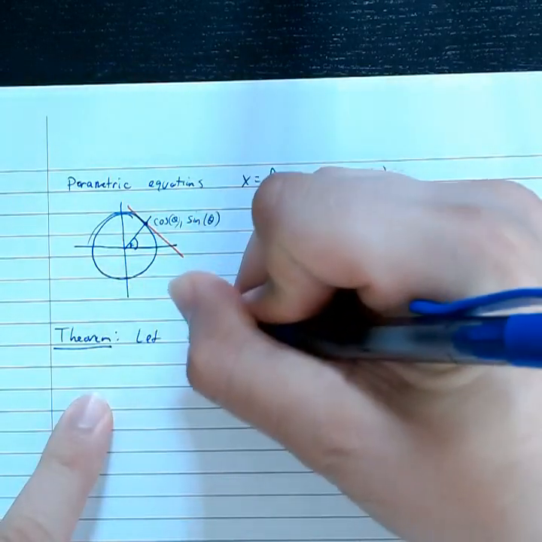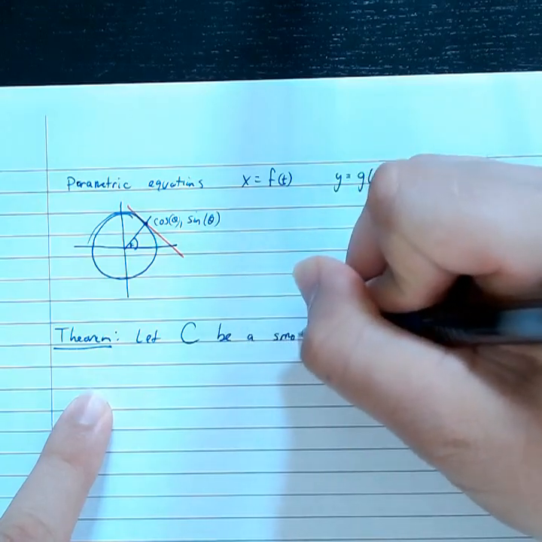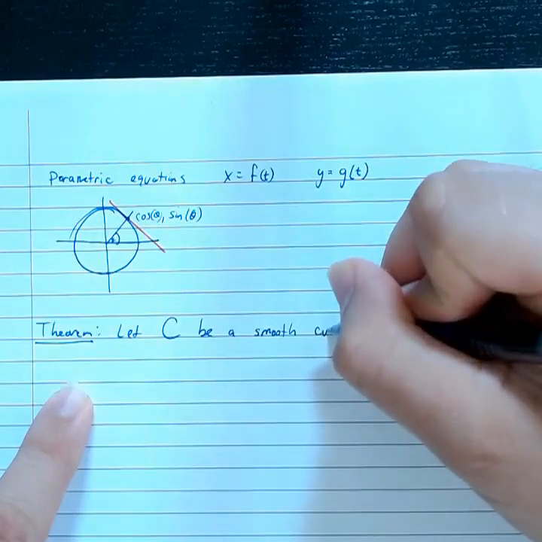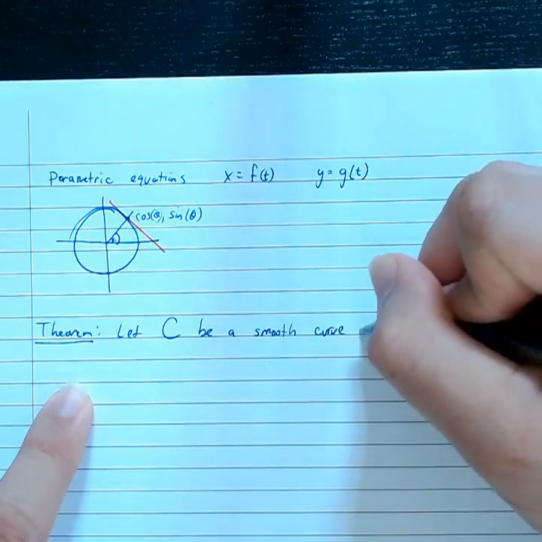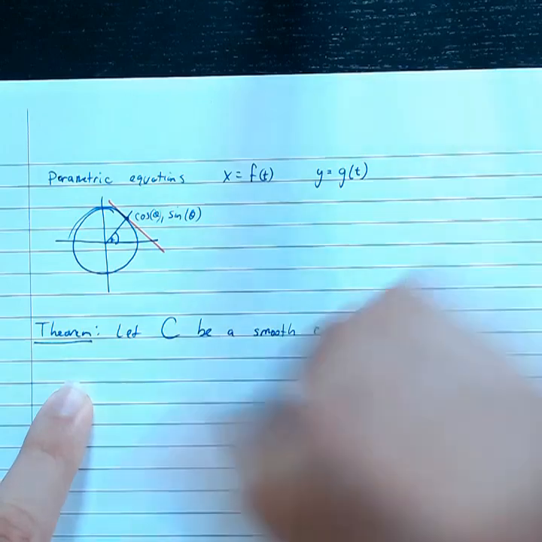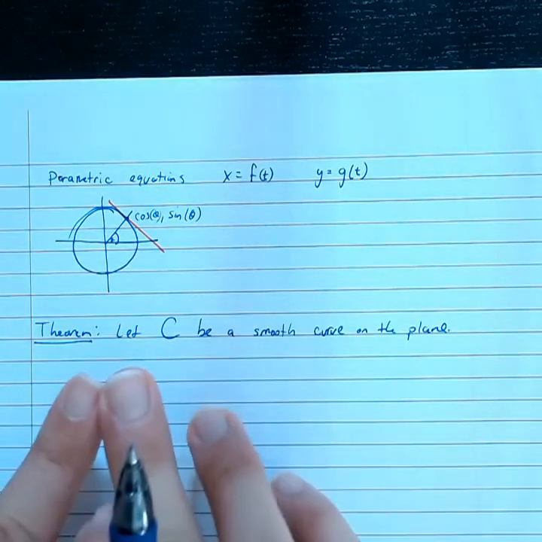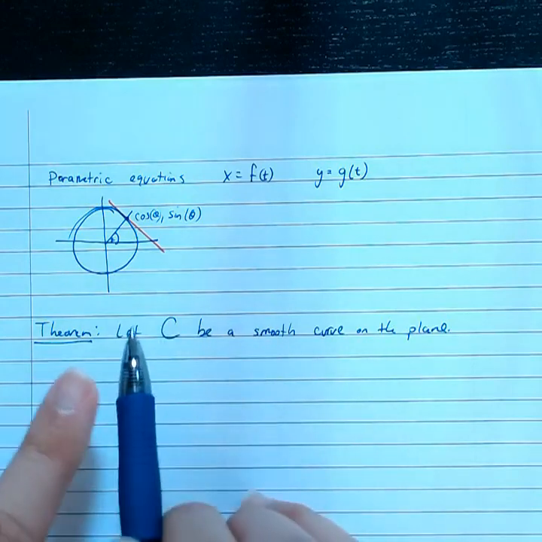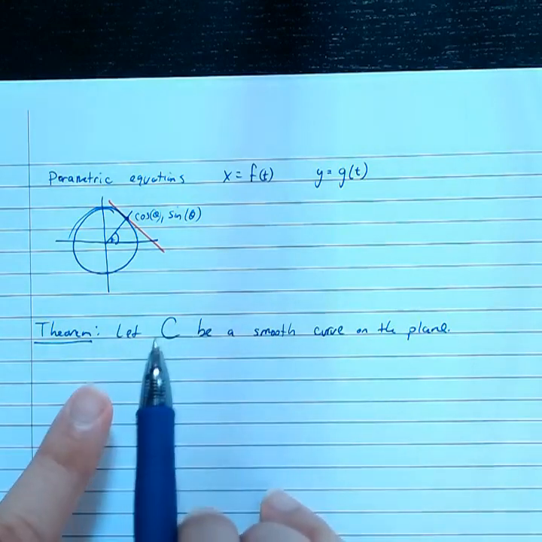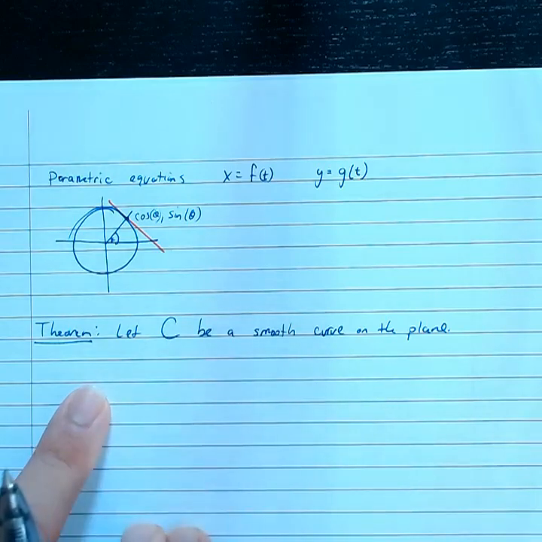Let C be a smooth curve on the plane. When we say a smooth curve, we mean something that doesn't have any cusps or any breaks in it, something that's continuous and has a continuous first derivative.